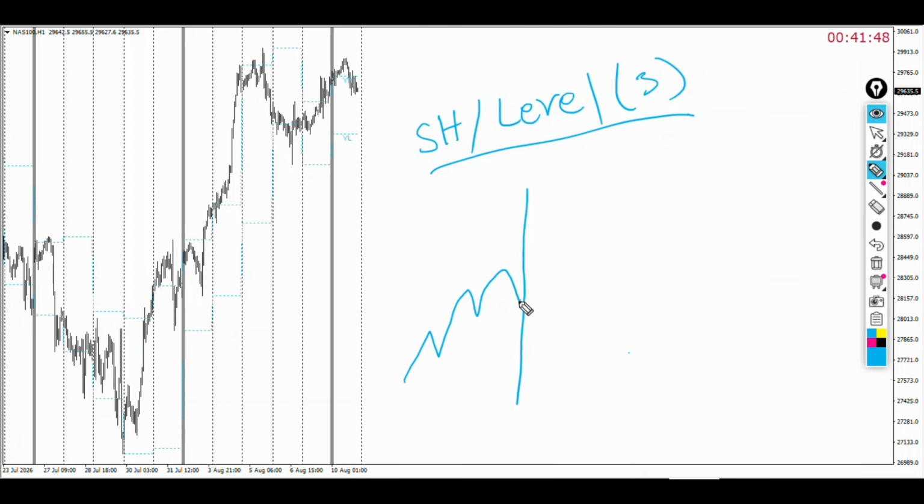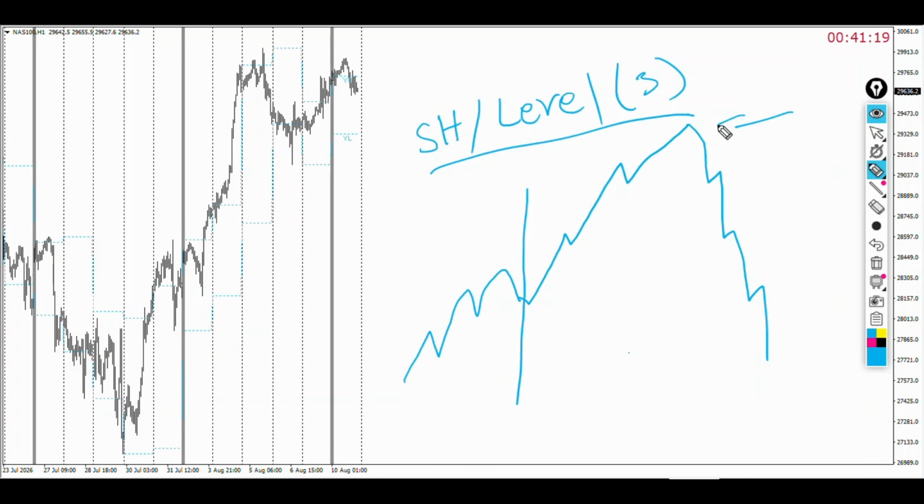Or after the CIB it may continue in the direction for three levels, then after the three levels it may reverse in the New York session, or in your timings window. After it goes three levels of stop hunt, you need to watch the price action behavior and also the timings window.